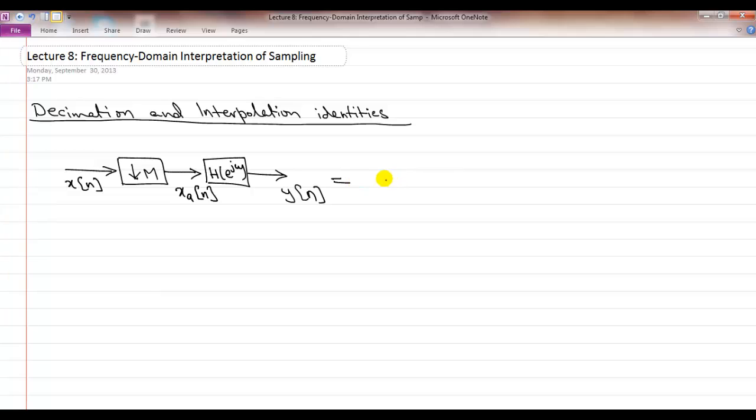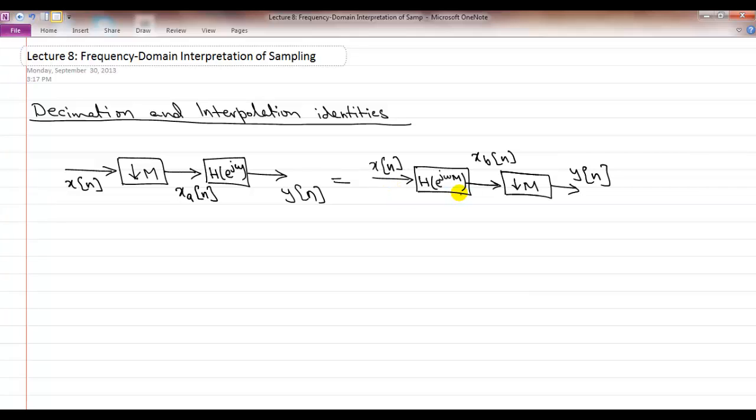This is equal to that I do a filtering where the filter is the same filter as the previous filter with just a scaling of the frequency axis by a factor of 1 over M. So H of e to the j omega M, and then I do the decimation by a factor of M, x[n], x_b[n], and y[n]. So that's the basic identity.